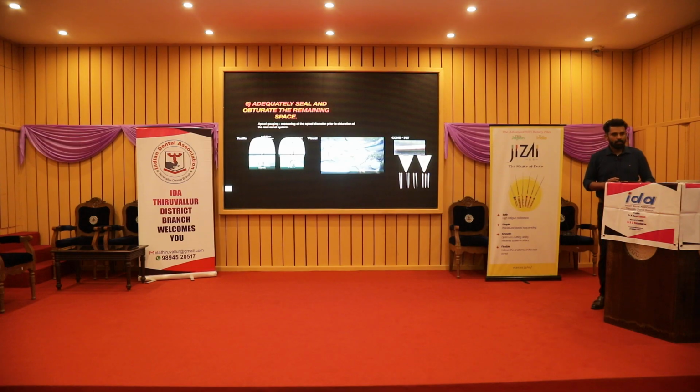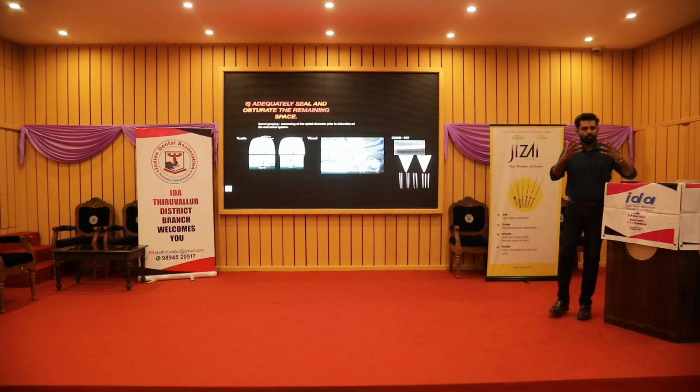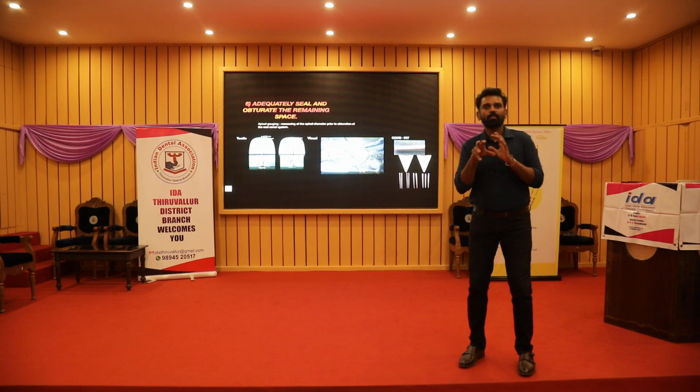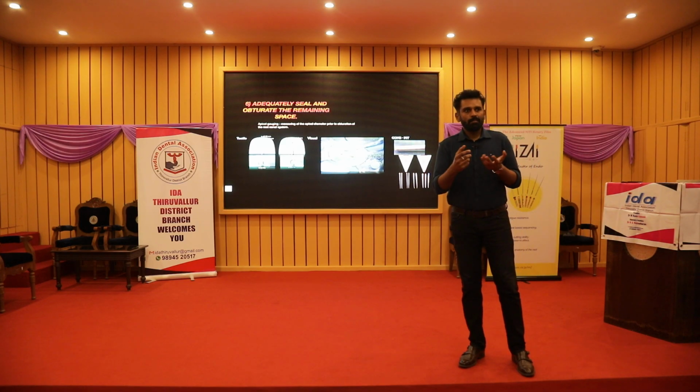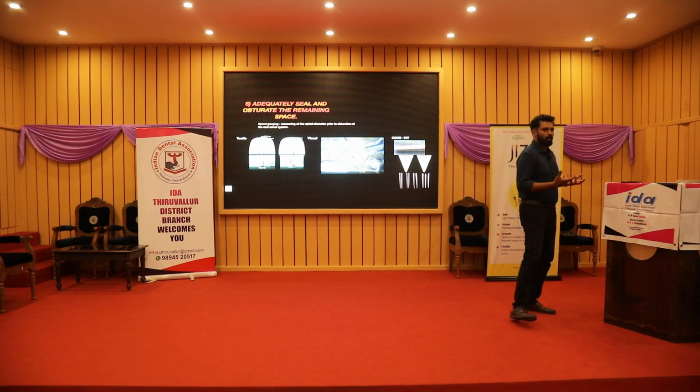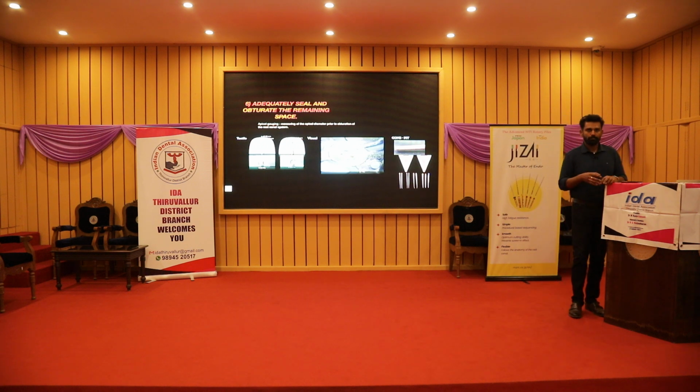I think a lot of people would have done a root canal where, when you place the master cone, it is not going up to the apex. The GP is short. Instrumentation is complete up to 6% 25, but the 6% 25 GP is not traveling inside the canal. In such a case, take the GP and check it closely. You will be able to see some kind of scratch mark either at the coronal portion, the middle portion, or the apical portion.